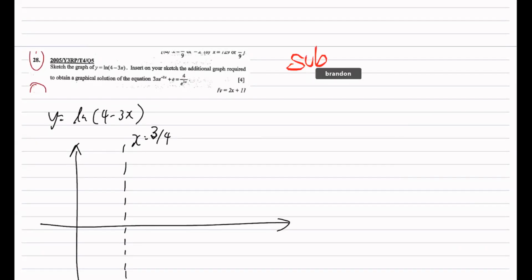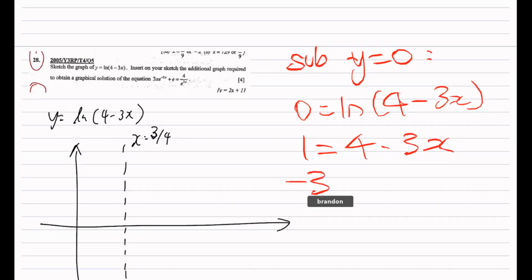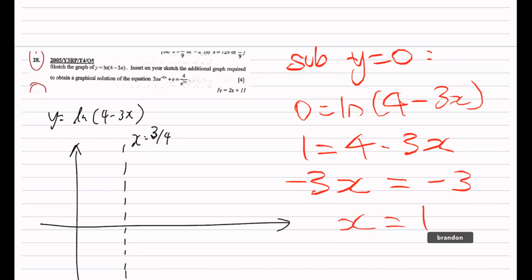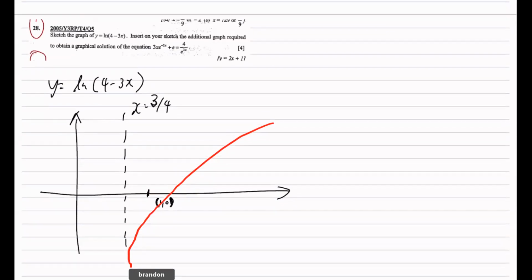Maybe we can find our x-intercept. 0. Okay, 4 minus 1 is positive 3. Oh wait, negative 3x. Sorry, I saw wrongly. Okay. Correct. X equals 1. My fault. This is 1, 0. Then you just draw the curve.